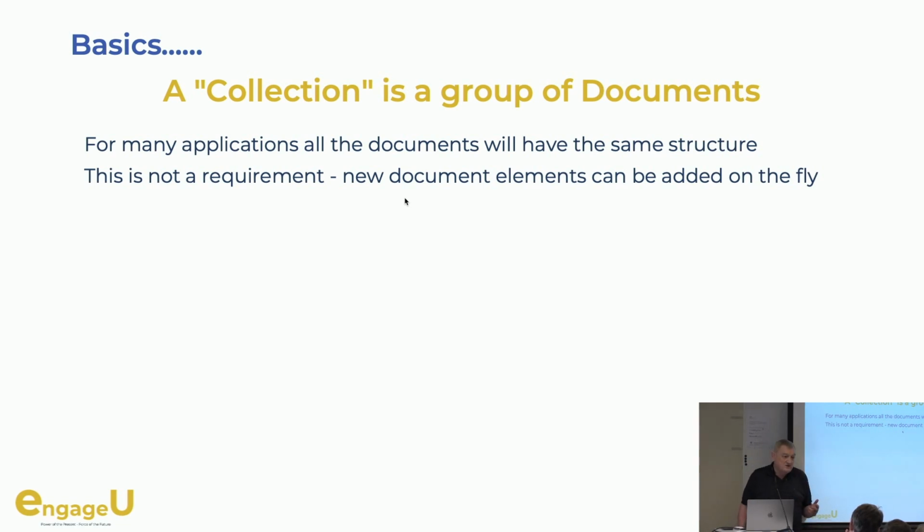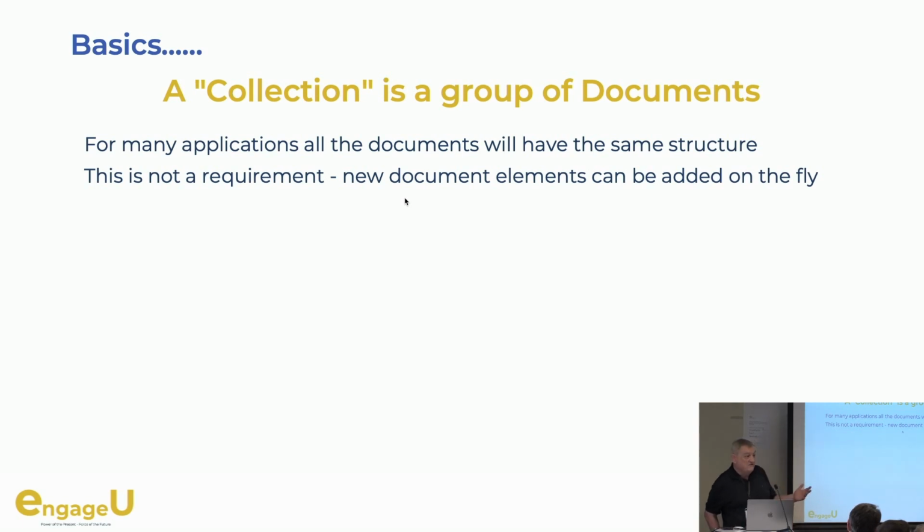For many applications, for one collection, the structure of each document will be identical through the whole thing. But that's not a requirement at all. You can mix different kinds of objects in the same collection. And what's more, you can add a new field, obviously, by just including an adjacent object. The schema is defined as you go.